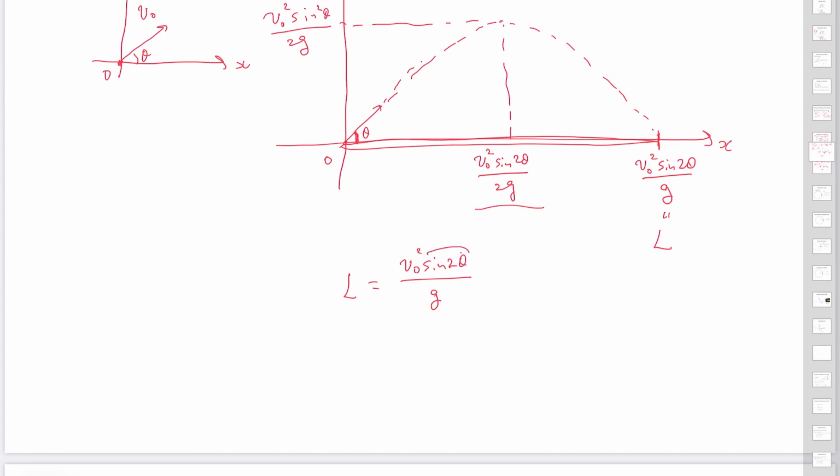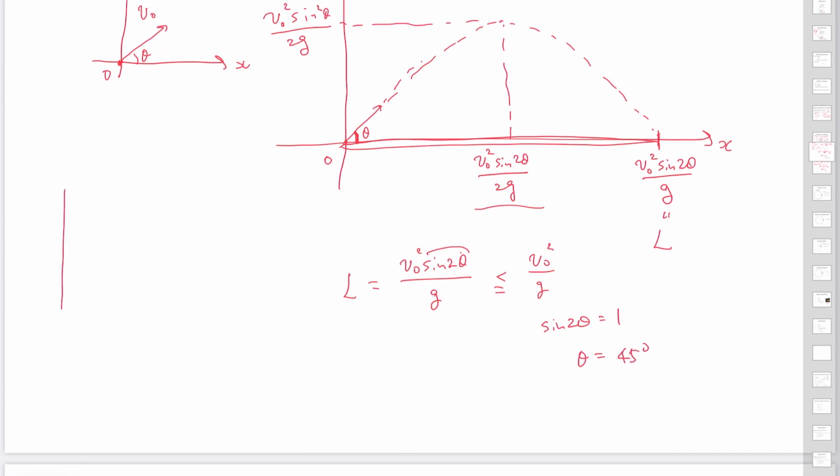The maximum value of sine 2 theta is 1, so L is always smaller than or equal to v sub 0 squared over g. This is the maximum length for a projectile to move horizontally before hitting the ground. Equality means sine 2 theta equals 1, so in this case 45 degrees.